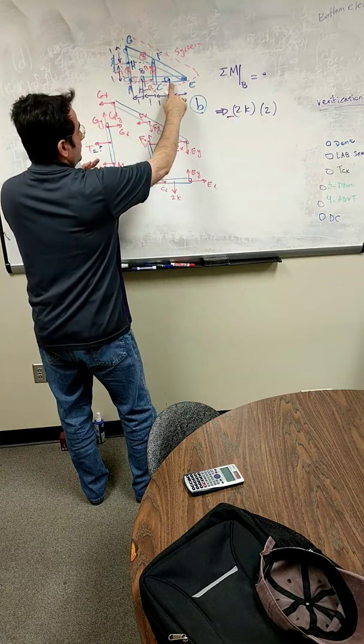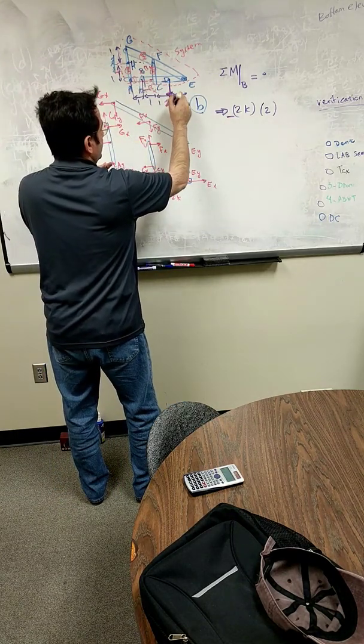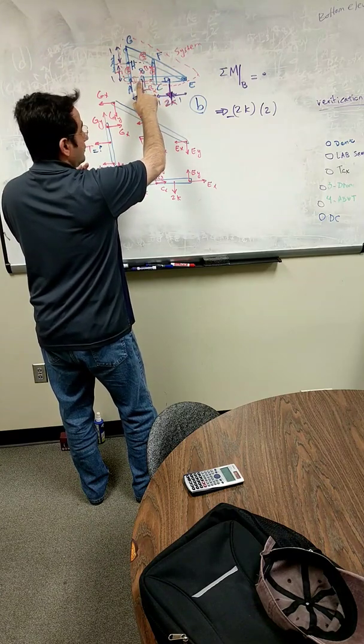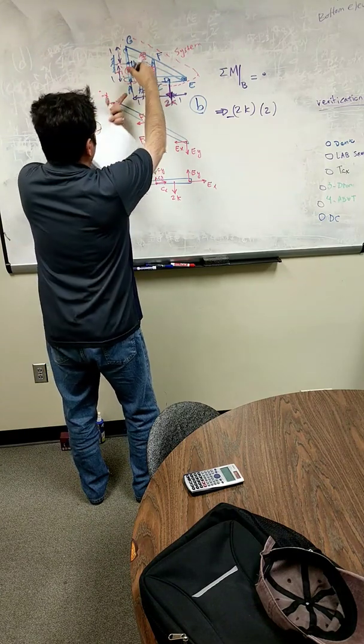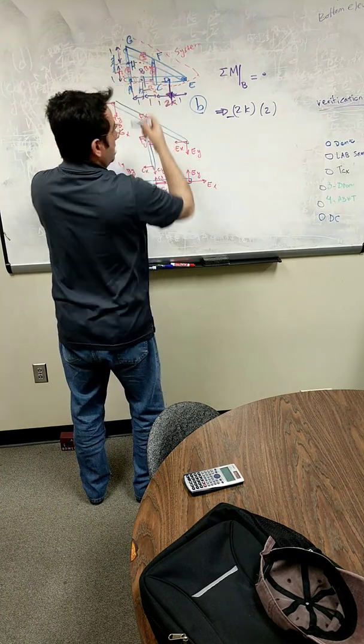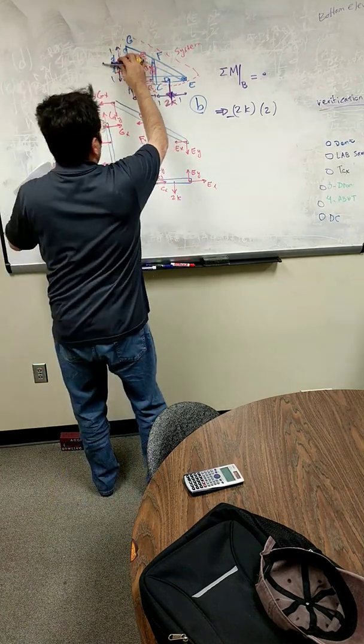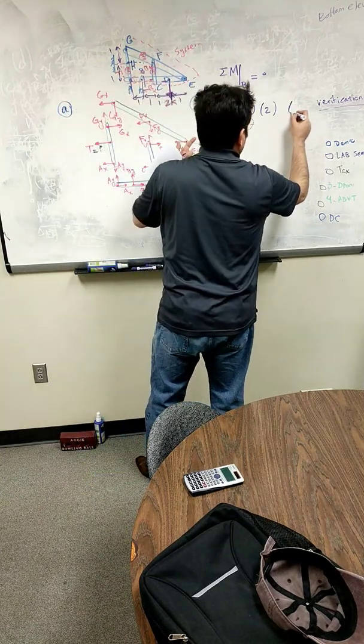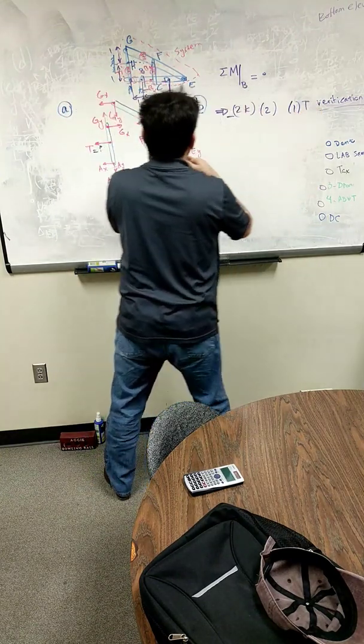So this is the moment from the 2K force, right? Nothing from Bx, nothing from By, because they go through that point. And then the moment from T. What's the moment from T? This distance, which is 1, times T. Positive or negative?